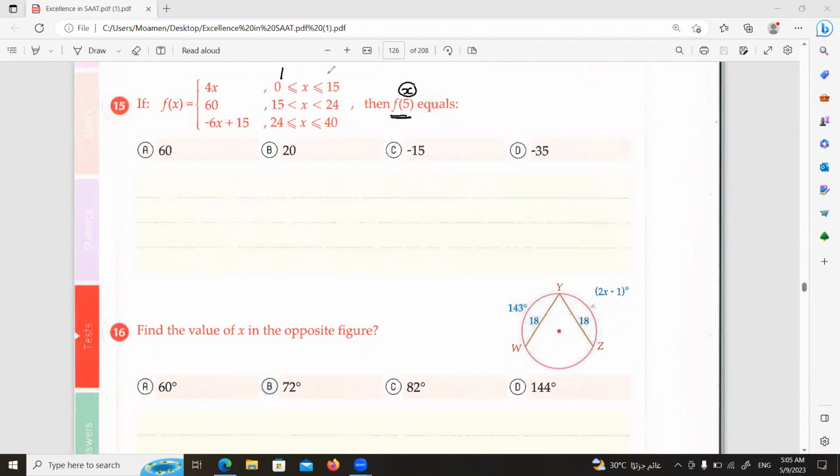Here x is from 0 to 15, and 5 lies from 0 to 15, so I'll substitute in the first one: 5 multiplied by 4 equals 20. So here is the answer. The problem here is where you will substitute: in the first, the second, or the third.